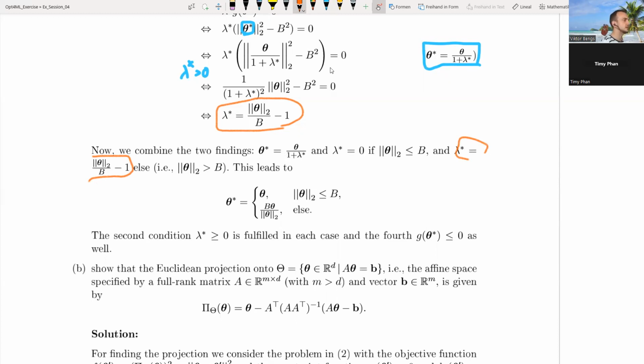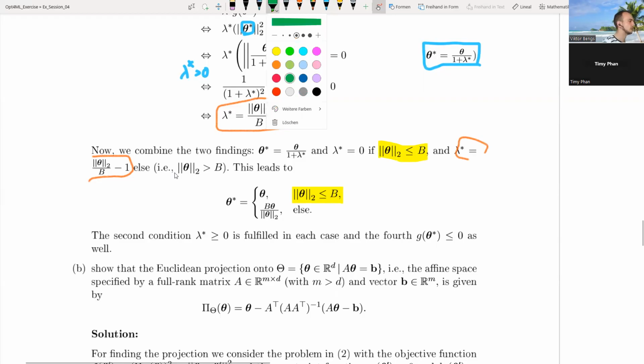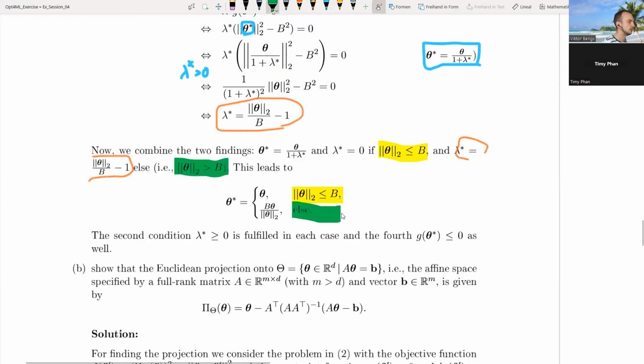When this theta is inside the b, we set lambda star to 0. So theta divided by 1 is theta itself. In the other case, where this is greater, the lambda star is of this kind. We plug in the lambda star in this representation here, and what we get is exactly this representation of the theta star, b times theta divided by the Euclidean norm of theta.